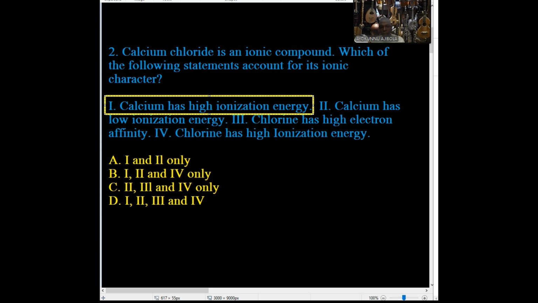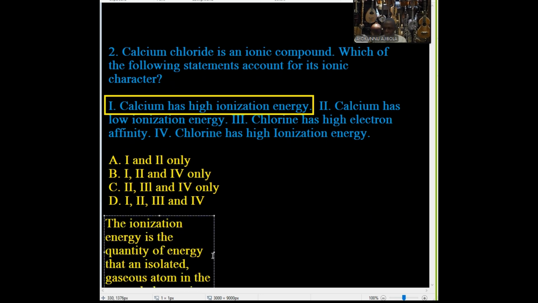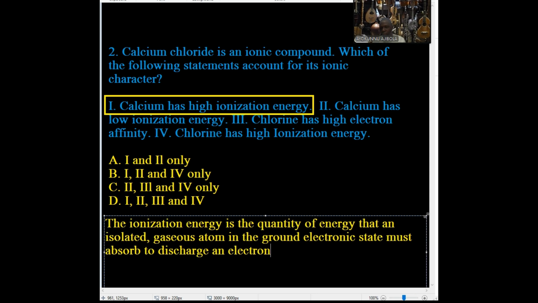So that is the quantity of energy required to remove an electron from the outermost shell of an atom. So it will absorb energy in order to discharge an electron. So the more the electrons in the outermost shell, the higher the ionization energy.